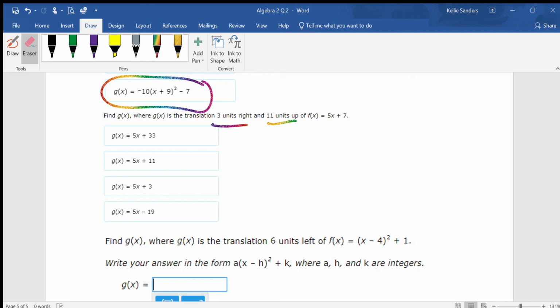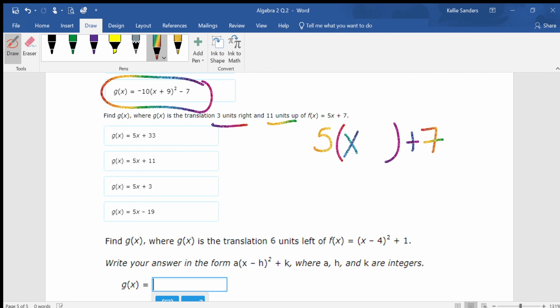So, let me see how I want to do this. I'll just do it this way. So, bring down the 5. I have to have a house. And I'm just bringing the plus 7 down. And now I'm going to worry about 3 to the right and 11 up.